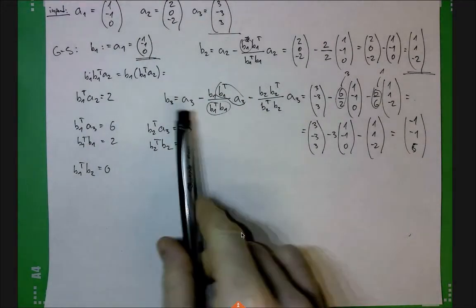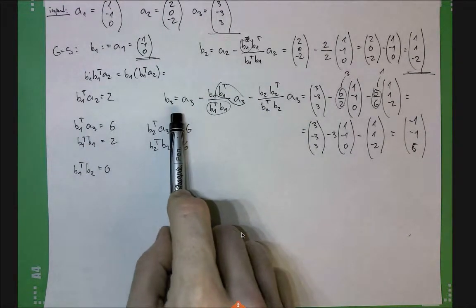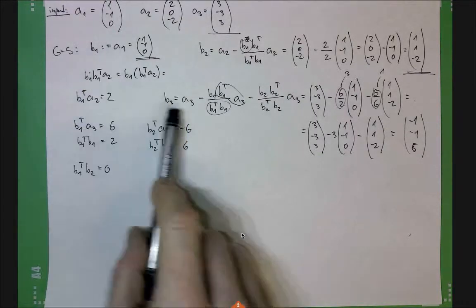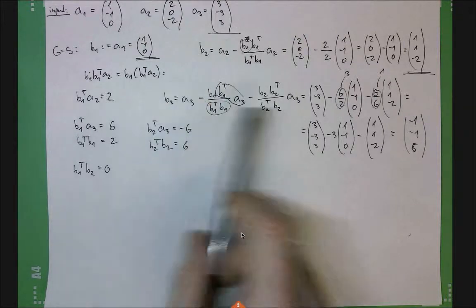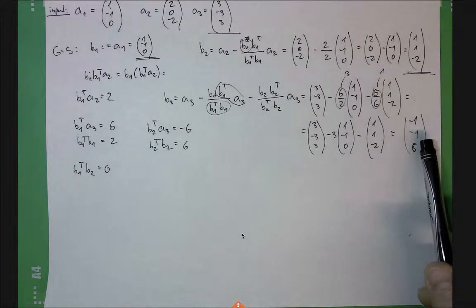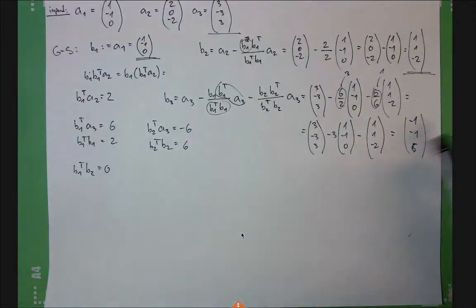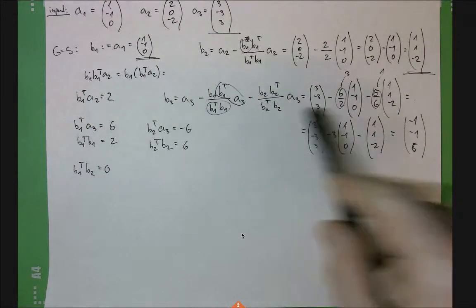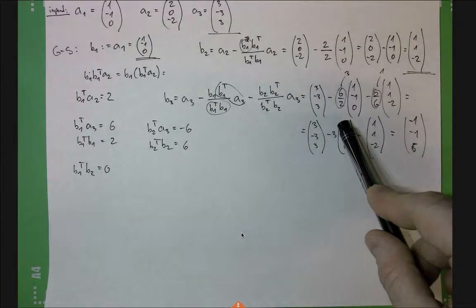But this B3, B3 times B1 is fine, but B3 times B2, I don't think it's fine. That does not give me 0. So that means I must have made a mistake in computing the B3 somewhere. Huh, funny.